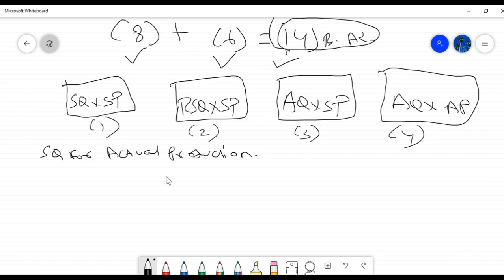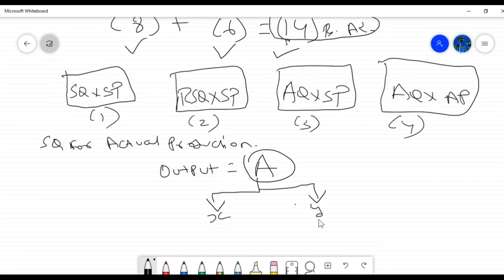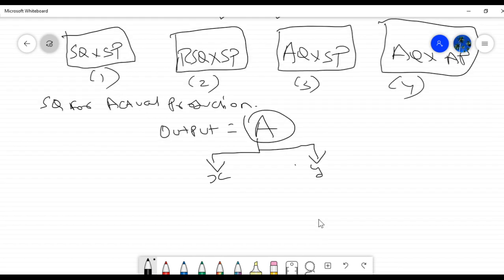Output is A. For producing this output, they are using 2 raw materials, raw material X and raw material Y. How much did they actually produce? 500 units of A they produced.